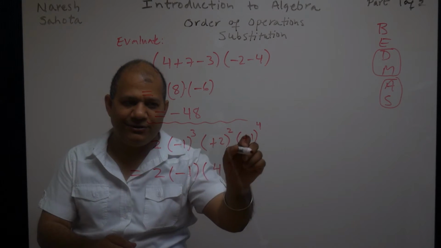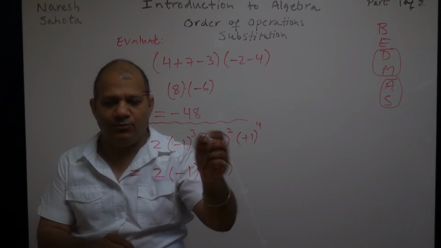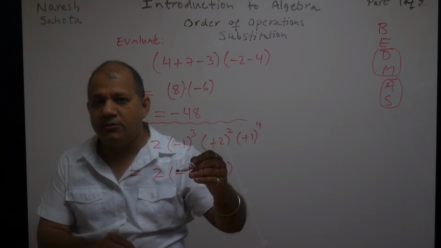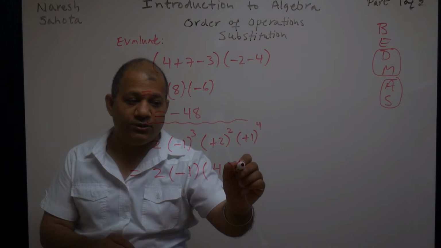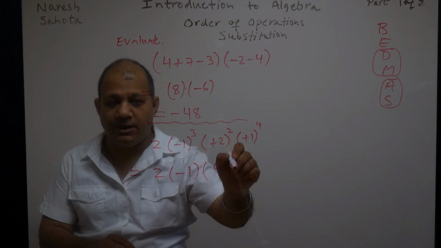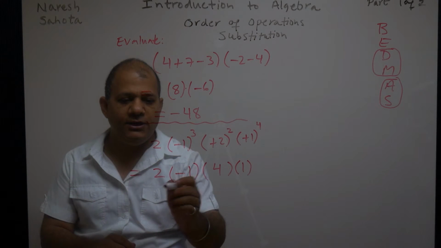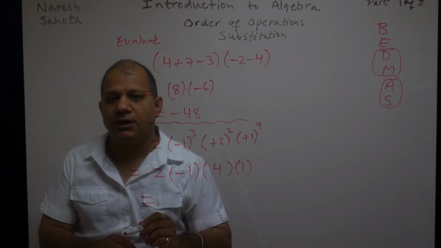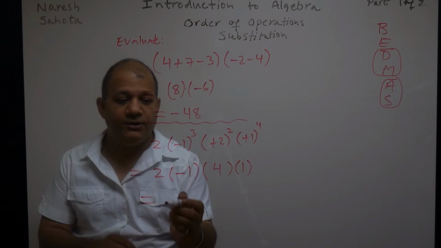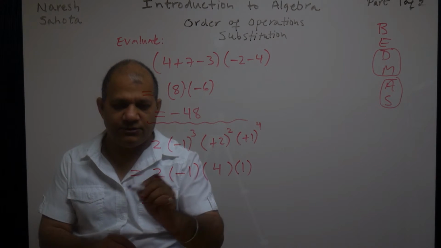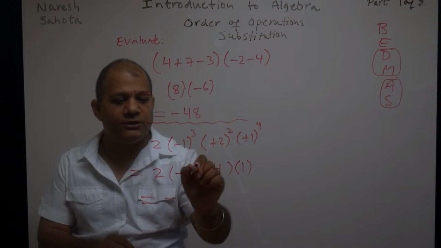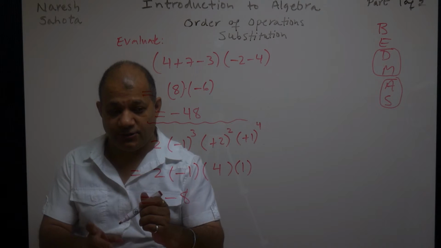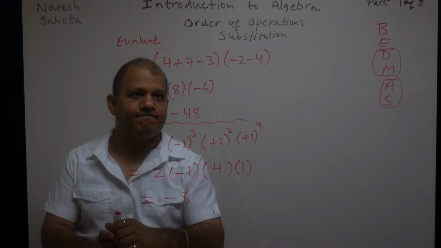The whole point is to get rid of all these excess signs, so then we can simplify. Plus 1 to the 4, so 1 raised to any exponent, the answer is always 1. And I'm getting rid of the positive sign. So now it's all multiplication, so 4 numbers are being multiplied, and one of them is negative. So overall the answer is going to be negative. Now 2 times 4 is 8, times 1s will still be 8. So that's the answer, right? Okay.